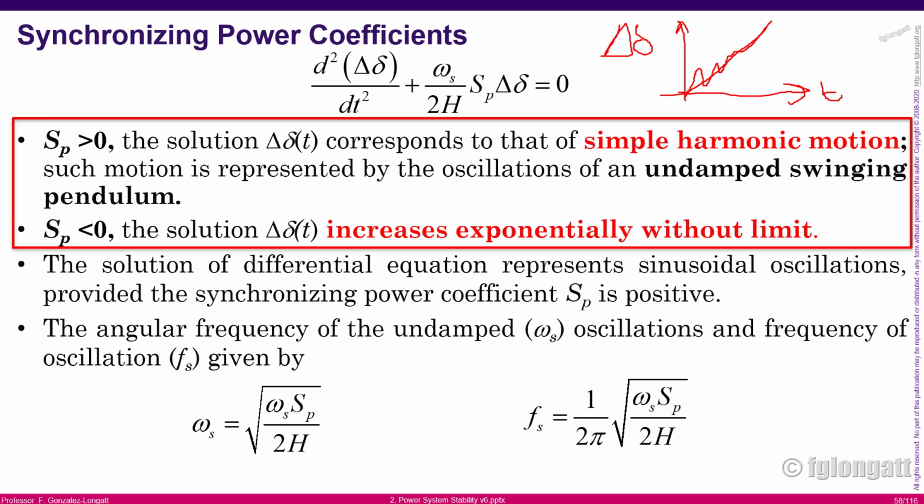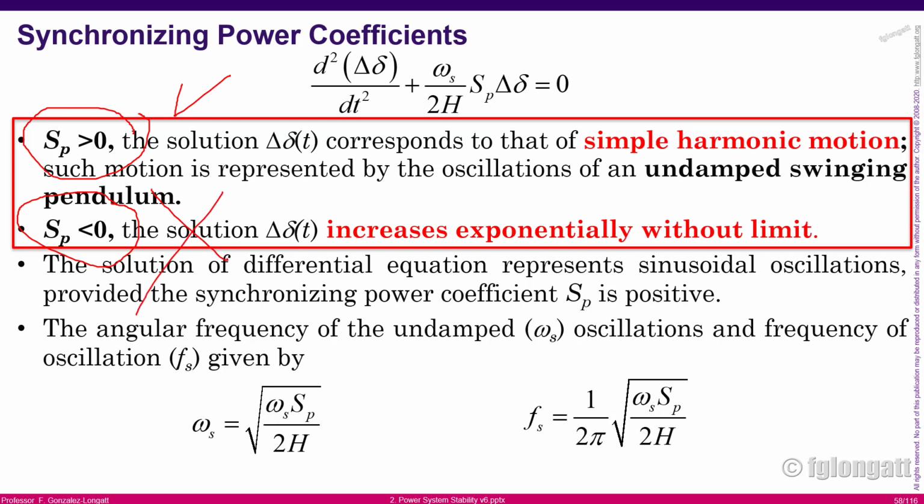One thing, small signal stability can be described by the synchronizing coefficient. Synchronizing coefficient positive, we want that. Negative, we don't want that because that will create problems of instability, okay?